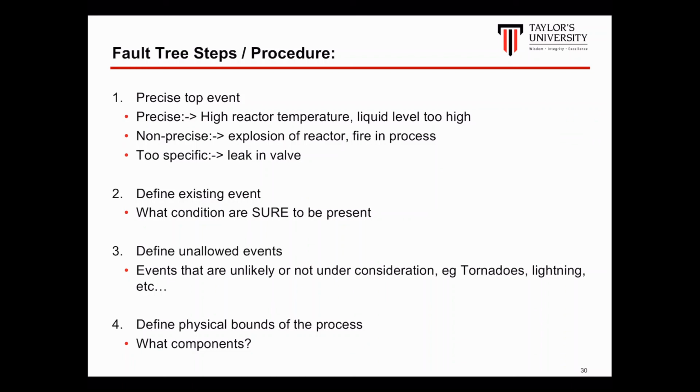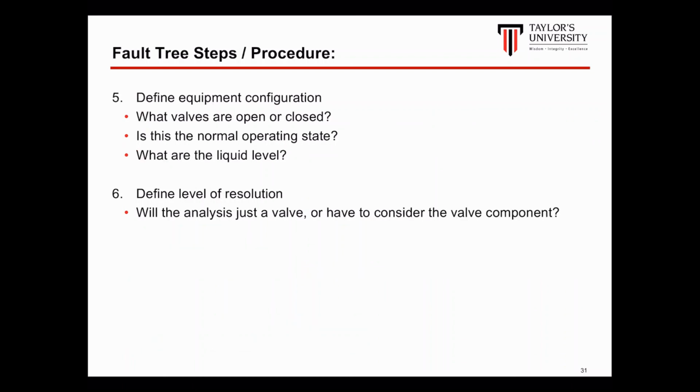And also we want to define the existing events, those conditions that are sure to be present, and also define what is not allowed. Things like Mother Nature's tornadoes, lightning, earthquake would unlikely be considered because we can't control them at all. Once we have all these definitions or boundaries, the next thing is to look at the physical bounds of the process, like what components you want to look at.